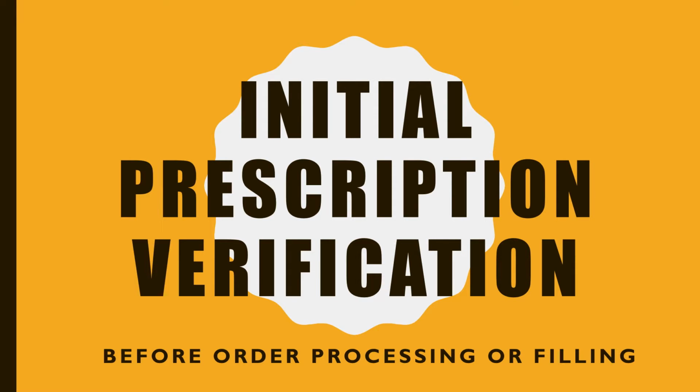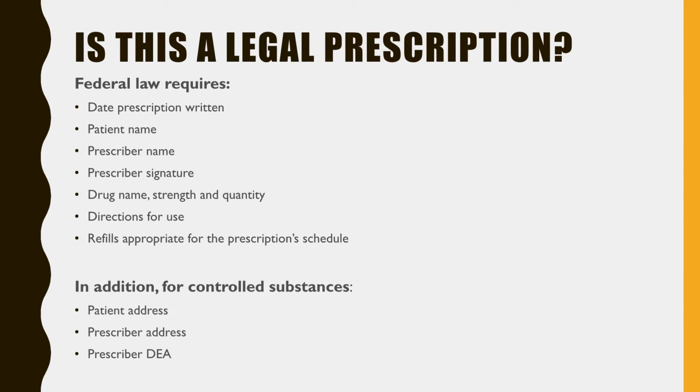When receiving a prescription, we first have to verify that the prescription is legal and appropriate. Federal law requires that all prescriptions list the date written. This is important because we want to make sure that the patient has been seen and evaluated by a prescriber recently. A prescription written for a patient 6 months ago may no longer be appropriate.